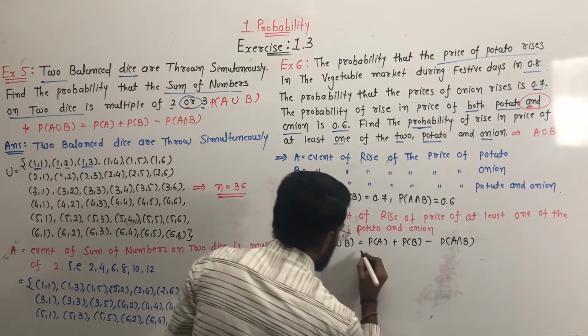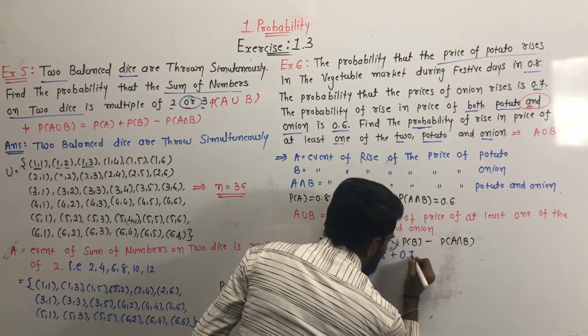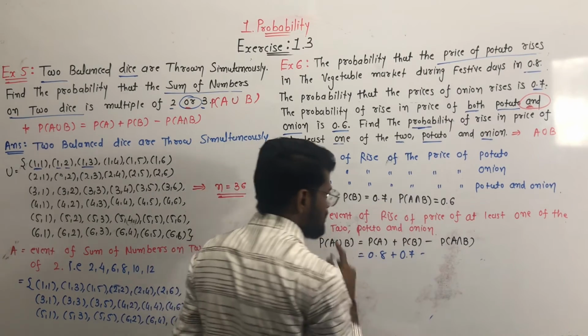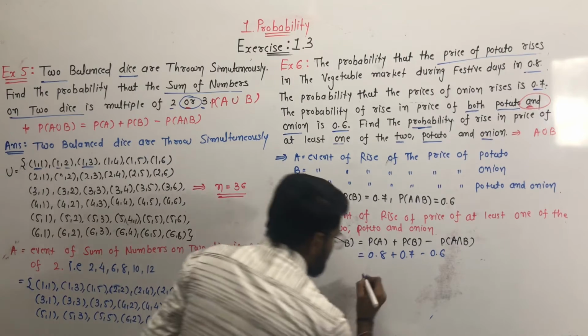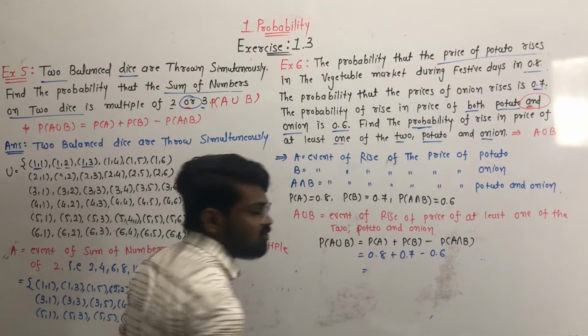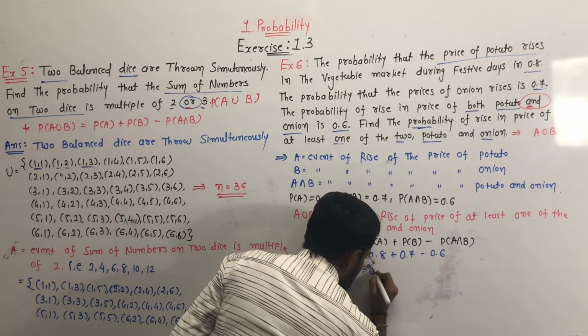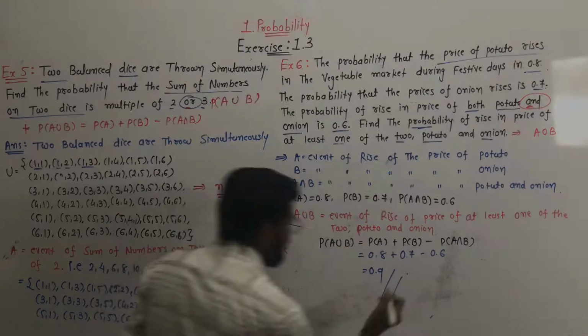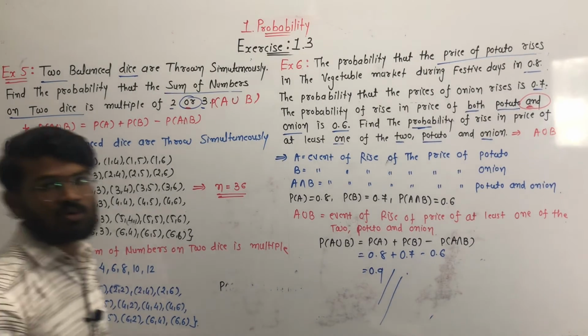P of A is equal to 0.8, P of B is equal to 0.7, minus P of A intersection B is equal to 0.6. So 0.7 minus 0.6 is equal to 0.1, and 0.8 plus 0.1 is equal to 0.9. Clear? Write it down. Okay, done.